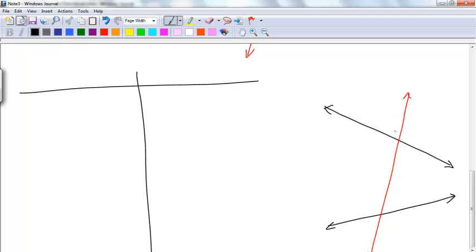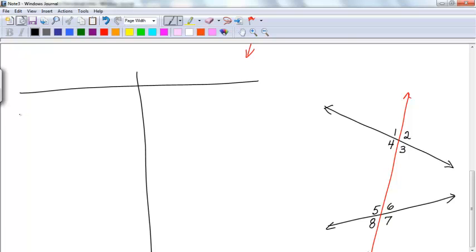Label this as angle 1. This is 2, 3, and 4. Label this as angle 5, 6, 7, and 8.